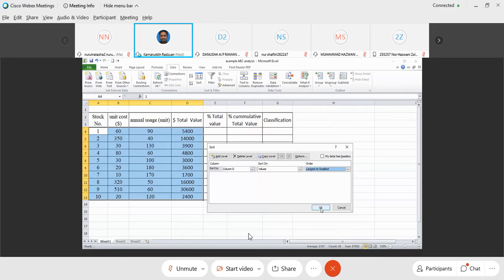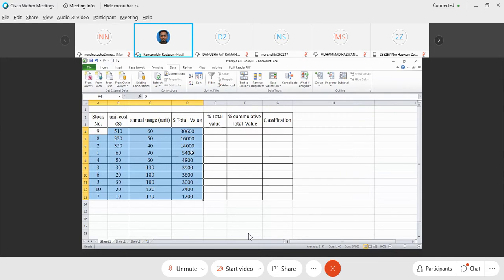So part number 9 will be at the top of the list. After sorting, we get the inventory classification like this, with the largest value at the top and the smallest value at the bottom.